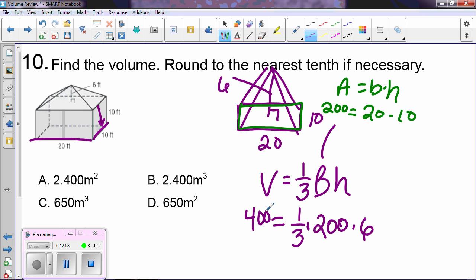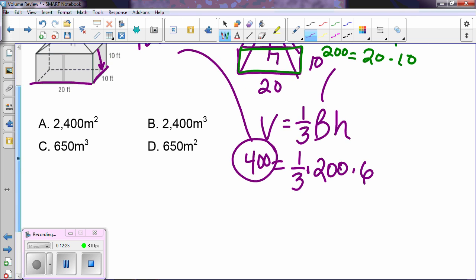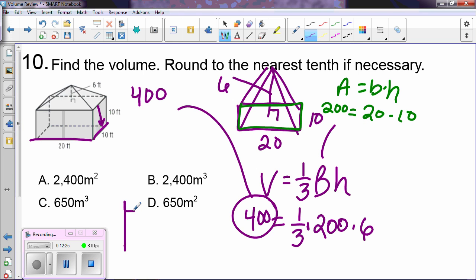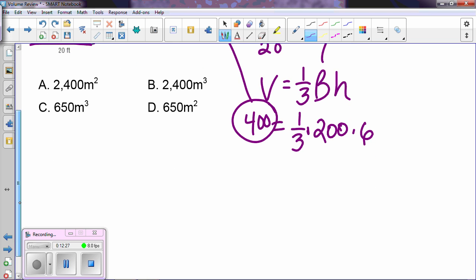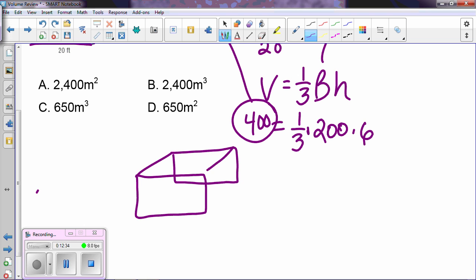That's just for that top piece though, so now we have to go back and calculate the bottom, which is a rectangular prism. So I'm going to take this 400 and put it up here for now, so we're going to need that later on. So let me draw that rectangular prism. The base is still 20.